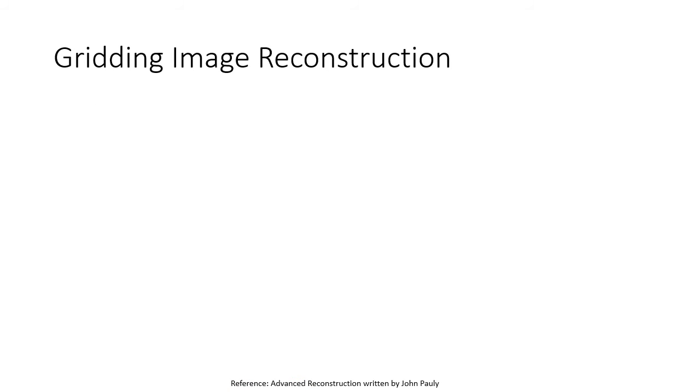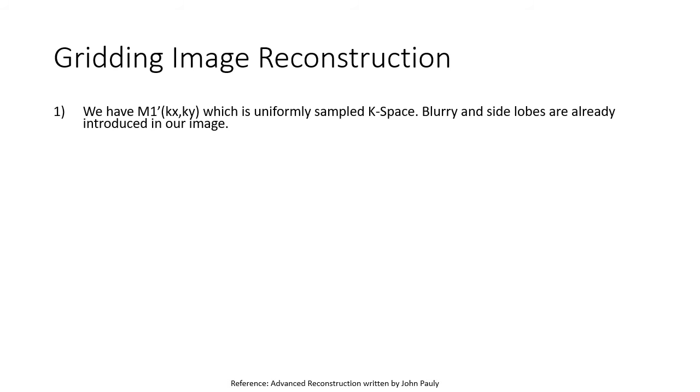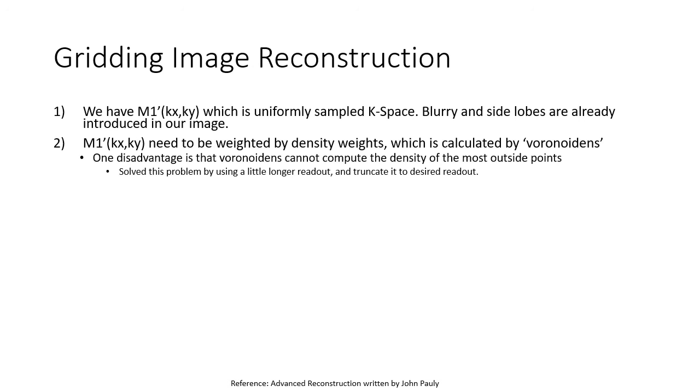The final step is to do the gridding image reconstruction on this non-uniformly sampled k-space data. Initially, I have the M1 knot of Kx and Ky, which is uniformly sampled k-space. The blurring and side lobes in the image domain are introduced because of non-uniform sampling.